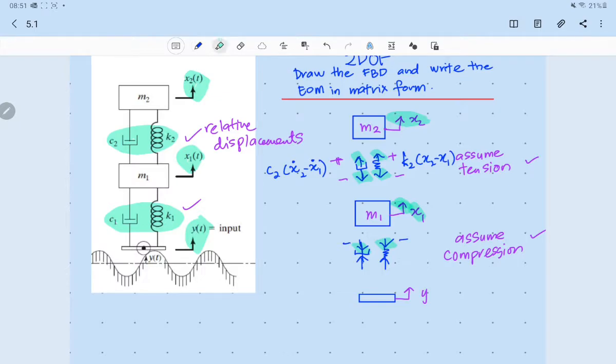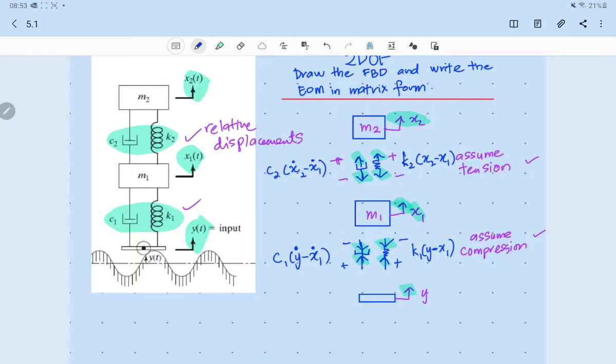And the other side of y, you can see towards upwards, so it's the same side as y, so that side will get positive. So the way we write it is going to be y minus x1. So you can write the force K1 (y minus x1) and C1 (y dot minus x dot 1).